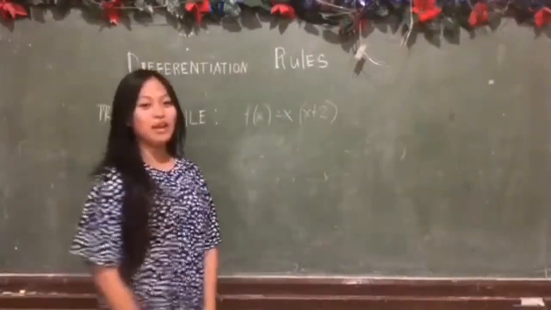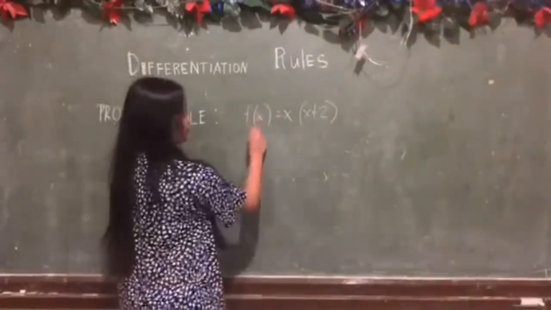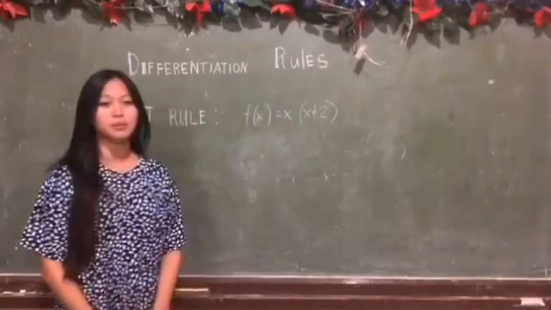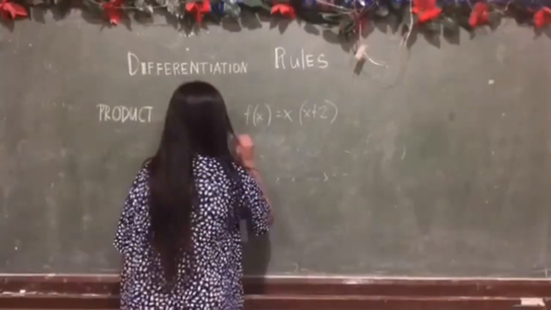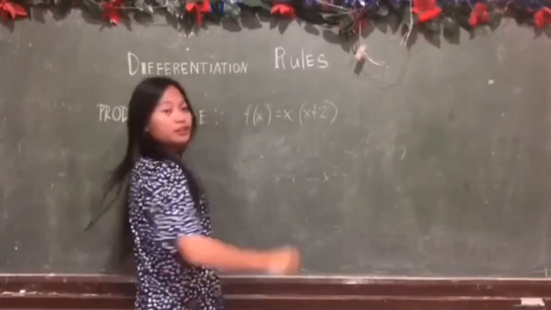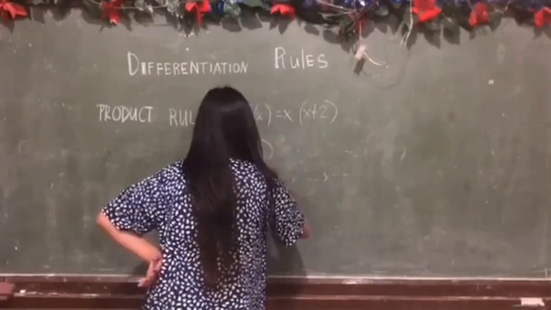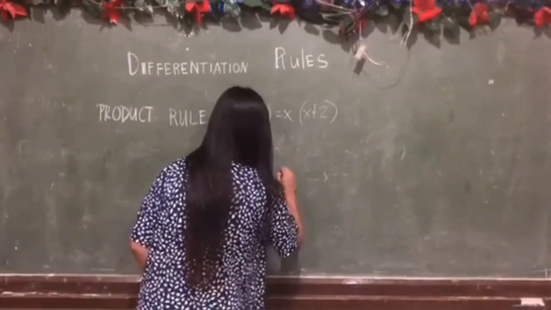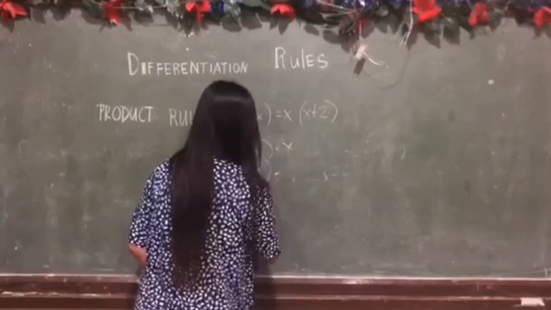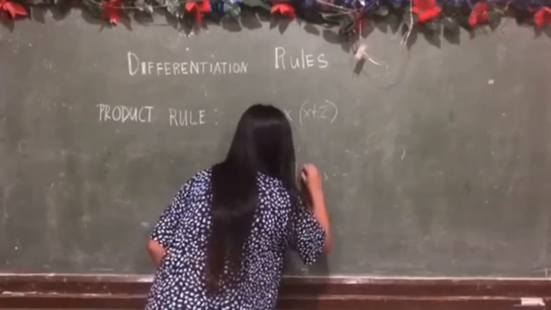So let's say we have the function f of x equals x times x plus 2. So the first step, we have to identify the u of x and the v of x. So the u of x is x and the v of x is x plus 2.